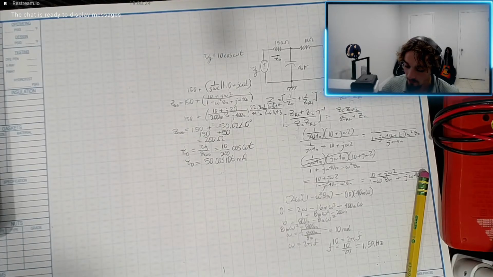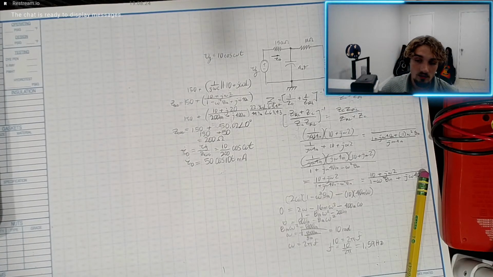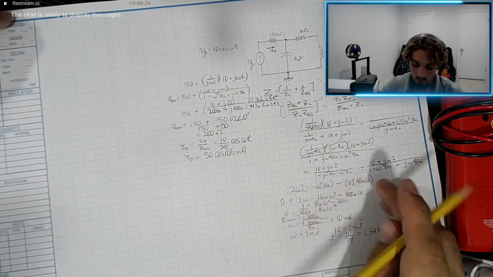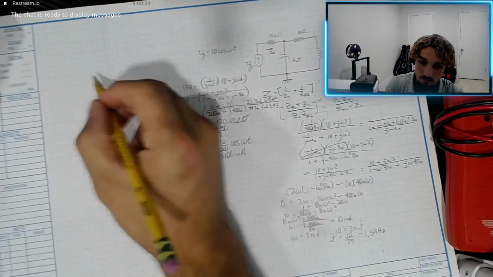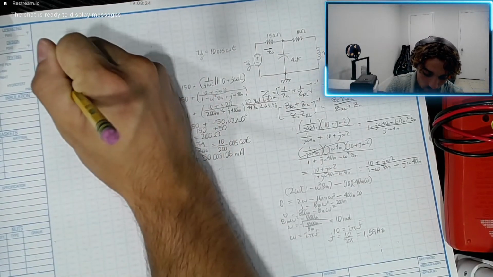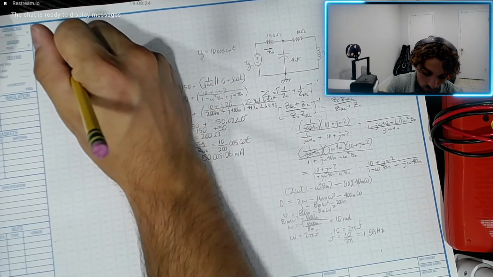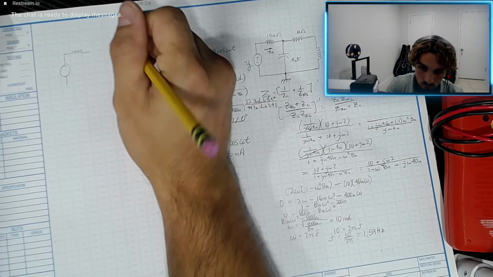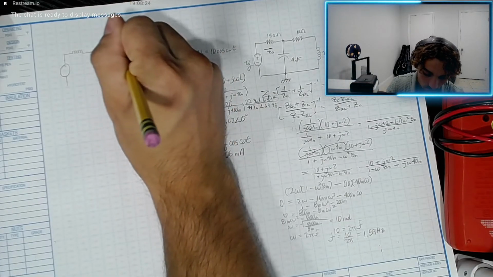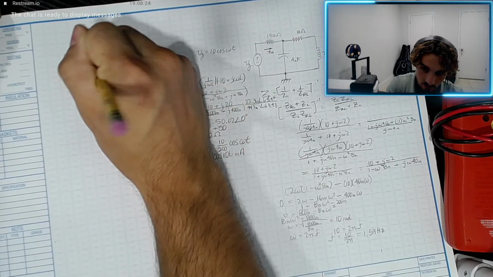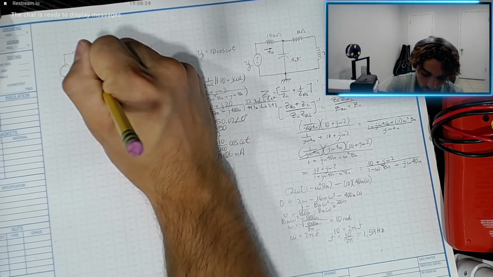Let's see where we ended. Now we're on to this. Got a resistor here in series with another inductor.